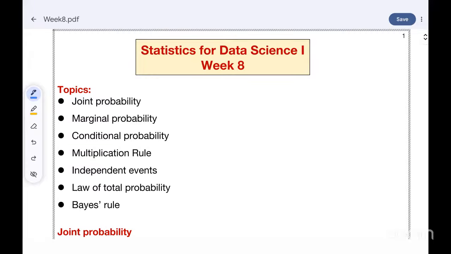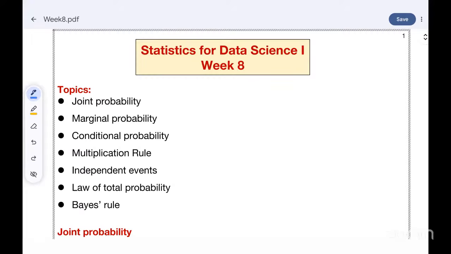Then, based on the topics we have seen, like joint probability, marginal probability, and conditional probability, the remaining topics let us see the relations, and at last we will see the important rule, which is called the Bayes rule. So these are the topics we are going to see today.